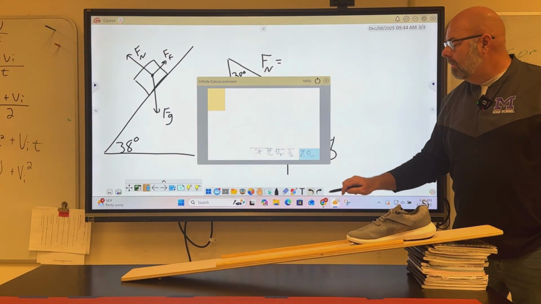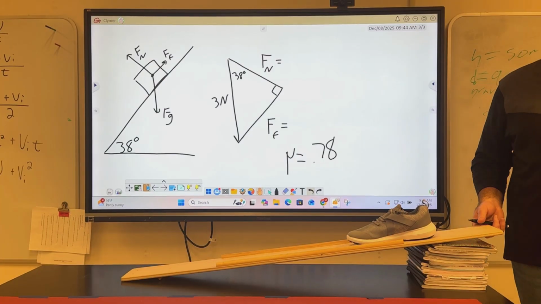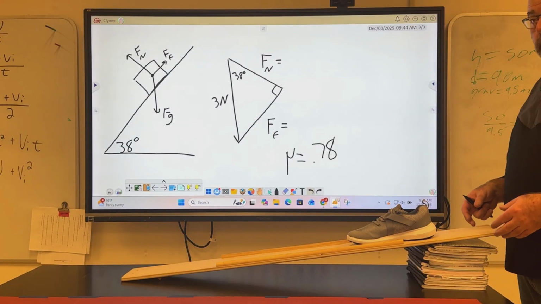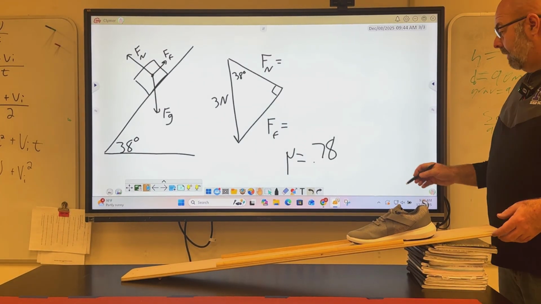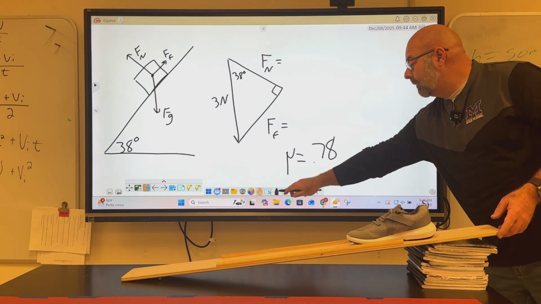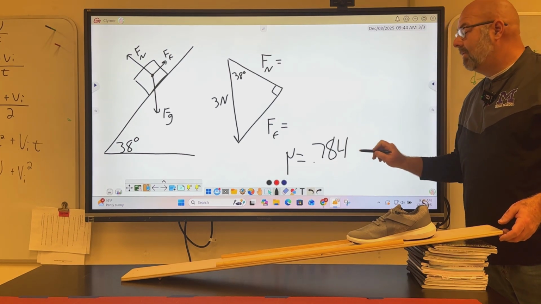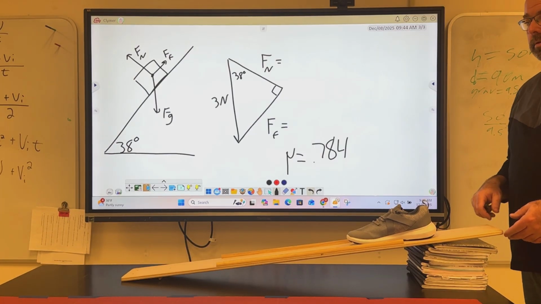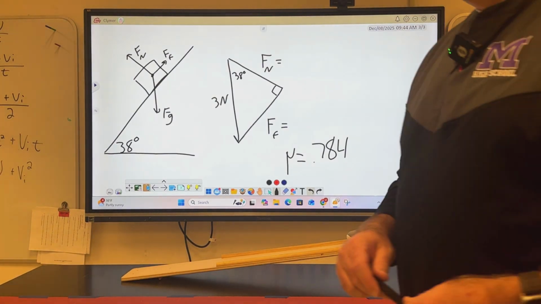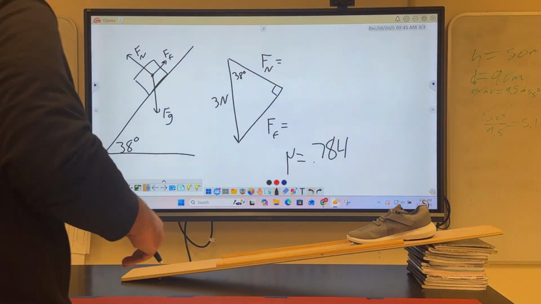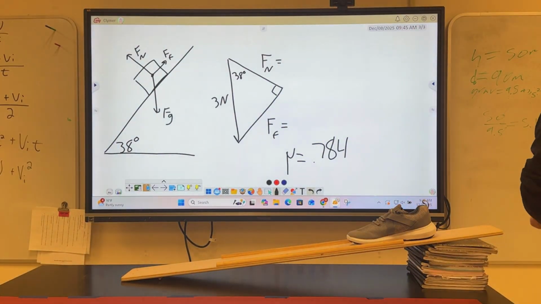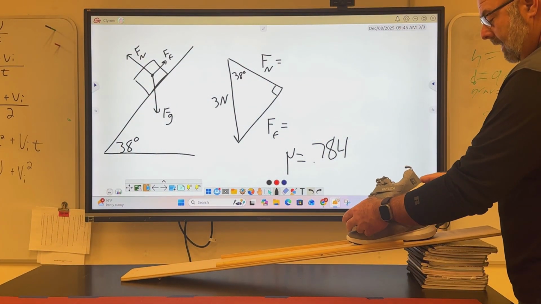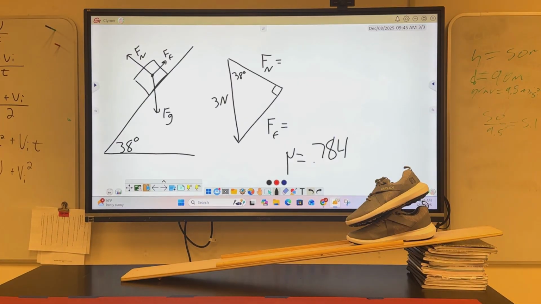What will happen if we double the mass of the shoe?